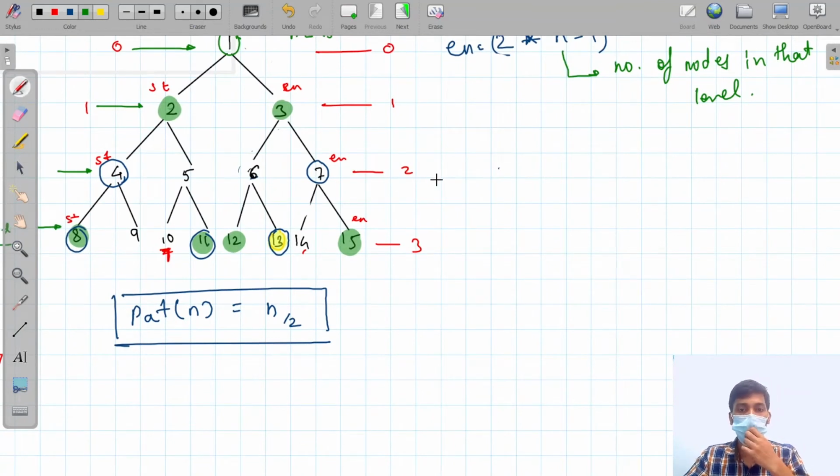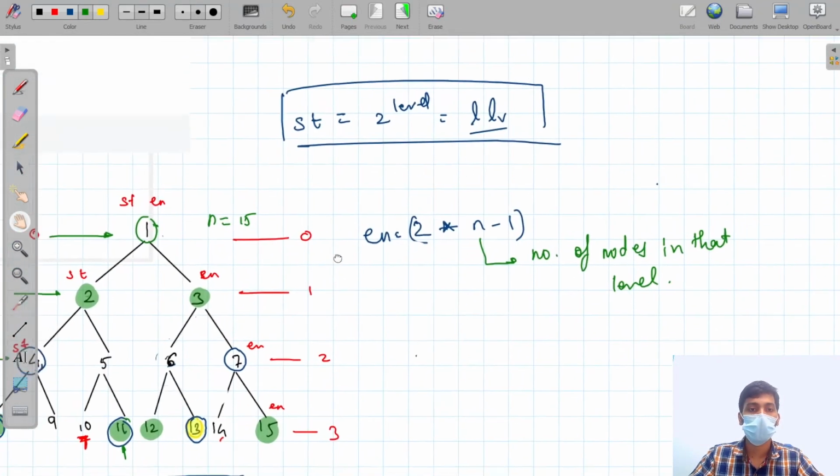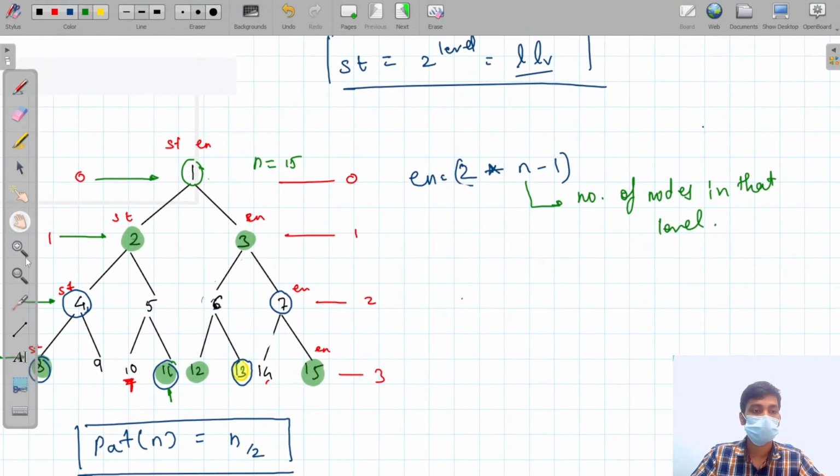Now let's try for this 11. If I say that for this 11, find the ending point. If I am currently standing at this position, at first I don't know at which level I am currently standing. So how am I going to find out? I am just going to find out 2 raised to, what is the level?